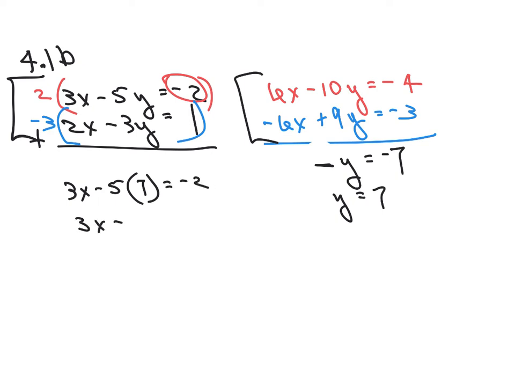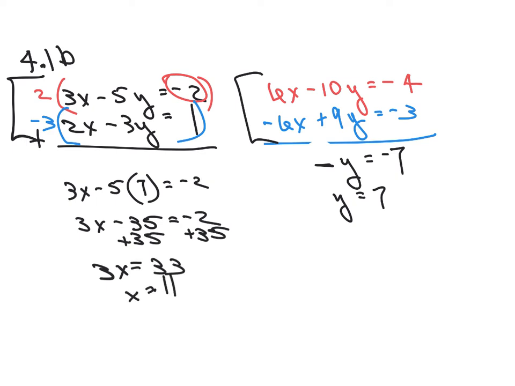So 3x minus 35 equals negative 2. We're going to add 35 to both sides. 3x equals 33, so x equals 11. Okay, that looks good. So now my point of intersection, my answer, is at 11, 7.